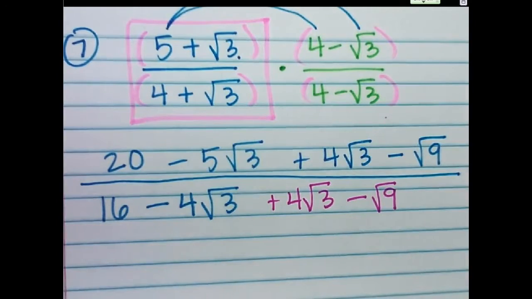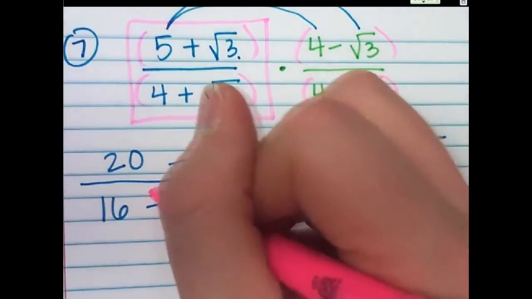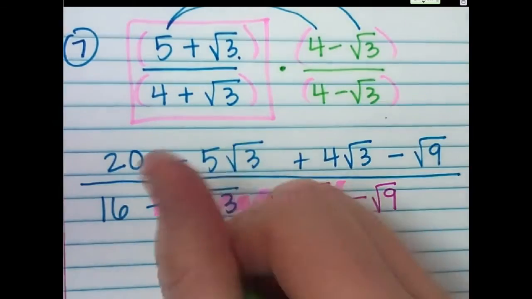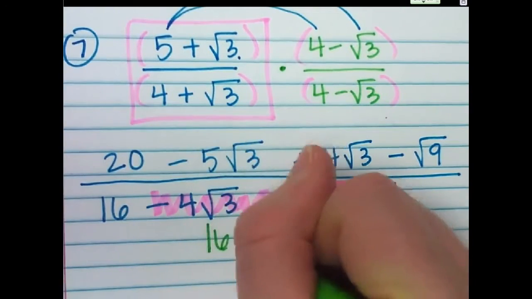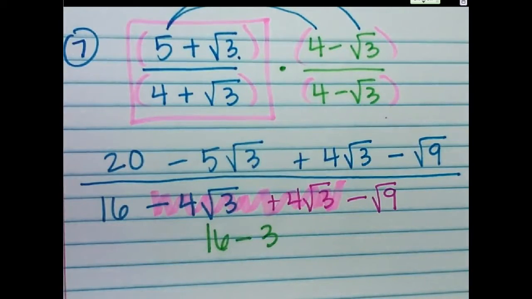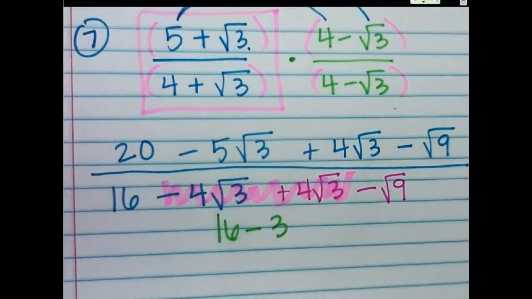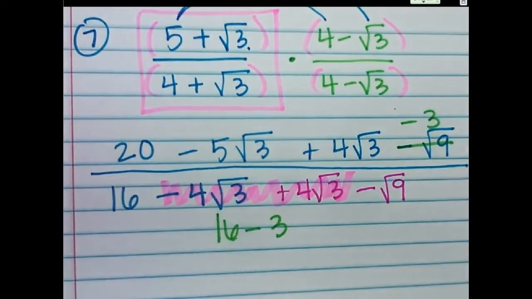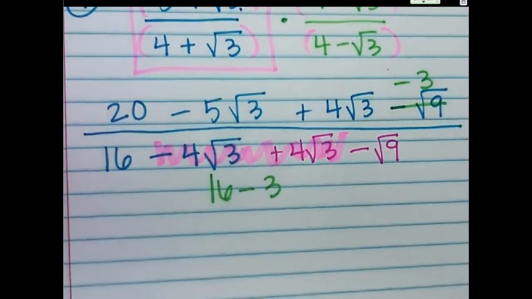Okay, so let's simplify the bottom first because it's a little bit easier. So these cross out. And I get 16 minus 3 on the bottom. What can I do on the top? Square root 9, so this is going to become a negative 3. You can add the 5 and the 4.